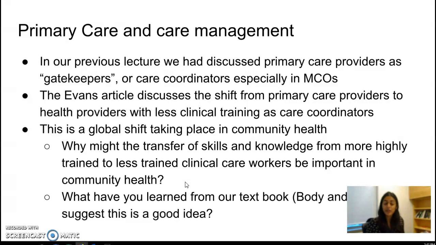What have you learned from our textbook, Body and Soul, to suggest that this is a good idea? Because many of you in Chapter 3 reflection or discussion wrote about transferring skills to volunteers and lay health workers or community health workers. And why was that useful? How could it be useful in other communities?